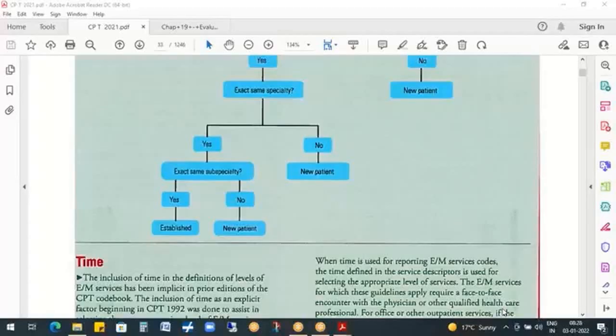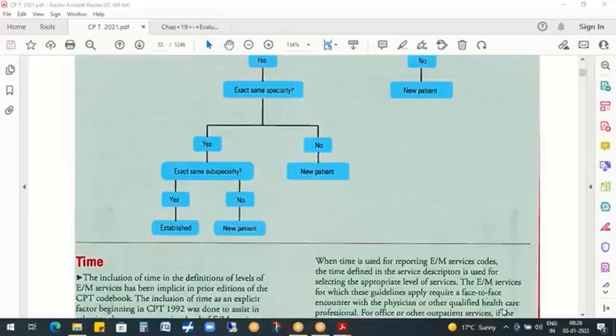Next, subsequent means a physician is providing service after admission date to before the date of discharge.